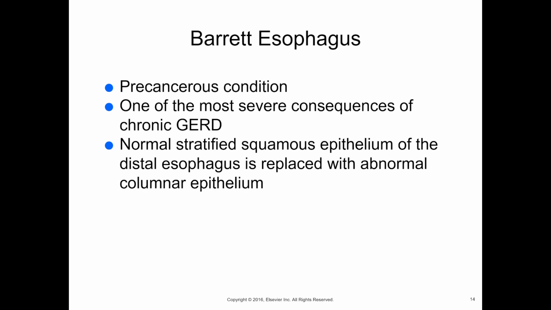Okay, so you basically get a cell changing its shape, which means that there is clear DNA damage to those cells. And with how quickly squamous epithelia divides, this can end up developing into cancer. About 15% of people with chronic GERD develop Barrett, and only about 1% will go from Barrett to a cancerous condition.